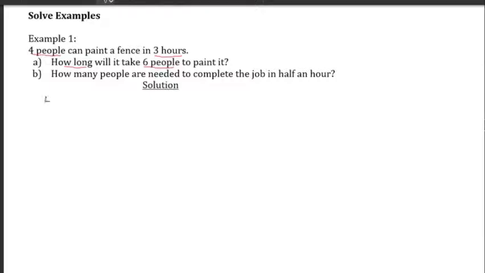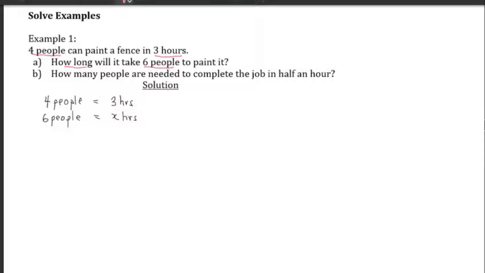We know that 4 people will complete the job in 3 hours. And so how many hours will it take 6 people to complete the same job? So let's represent that with an X. And in indirect proportion, we need to make some changes here. Otherwise, if we go ahead and do the cross multiplication, the time will increase.